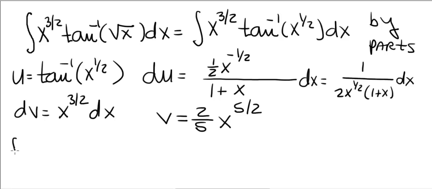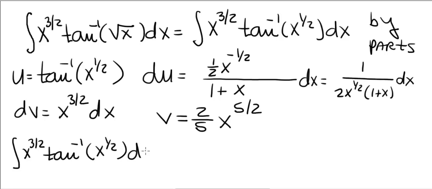Now let's go ahead and bring back our integral, the integral of x to the 3/2 times inverse tangent of x to the 1/2. This is our integral of u dv.